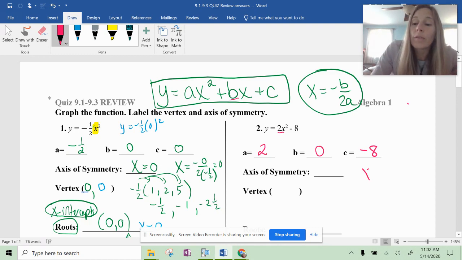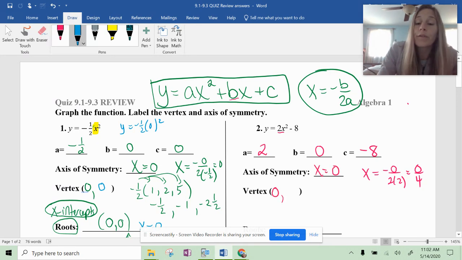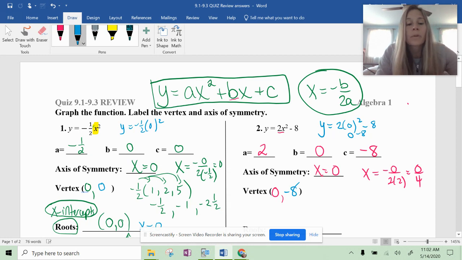So when we go to do our formula to find x, we're doing -0 over 2 times 2, and 0 divided by anything is just 0. So x equals 0 is the axis of symmetry. It's also the first part of the vertex. So now when I want to find my y, I have to do 2 times 0 squared minus 8, which just gives me 0 minus 8, which is -8.